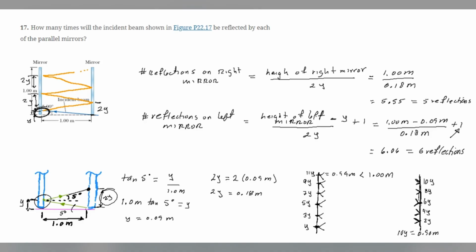So we have enough space just to have the 5 reflections on this right side of the mirror. Okay.